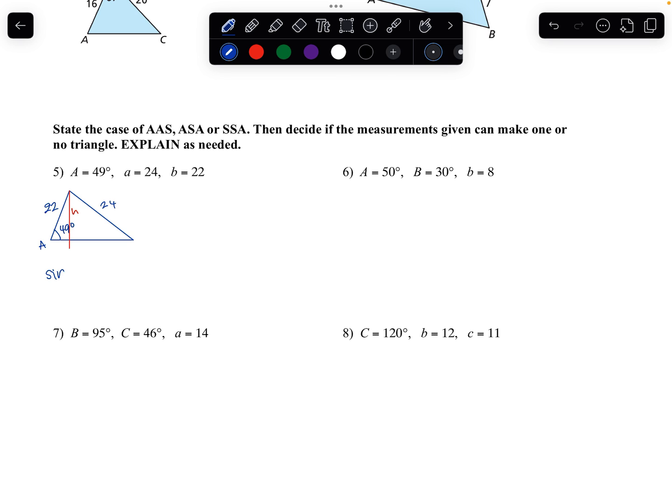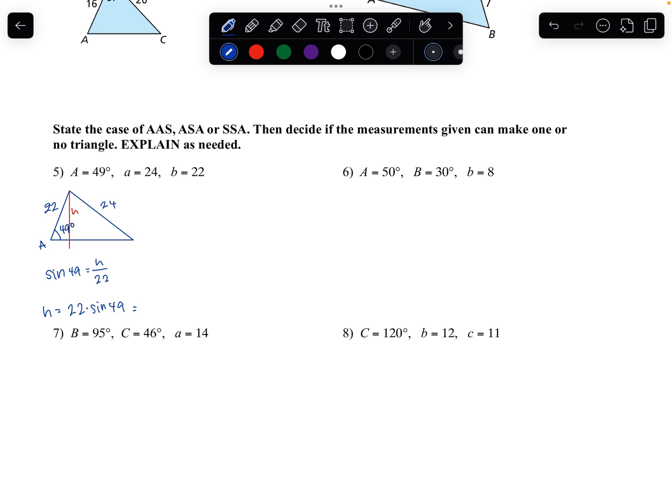Sine of 49 degrees is equal to h over 22. Remember that sine is equal to opposite over hypotenuse. We're using the right triangle, not this triangle right here. So the height would be equal to 22 times sine of 49.